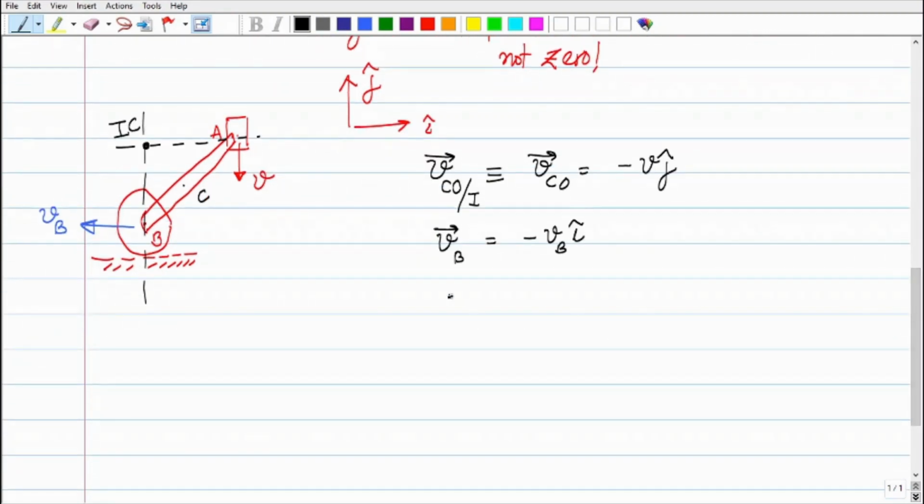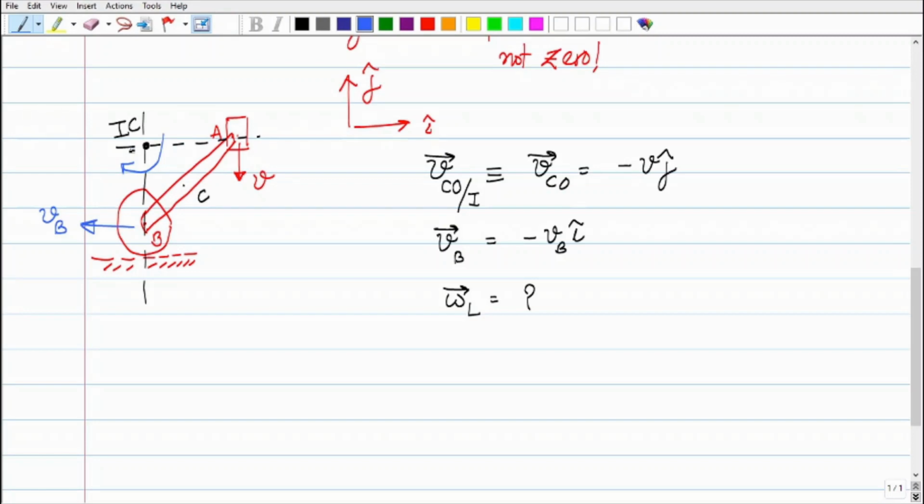Now, what can we say about the angular velocity omega of the link? From the picture, you can see that the sense is such that the omega is clockwise, right?